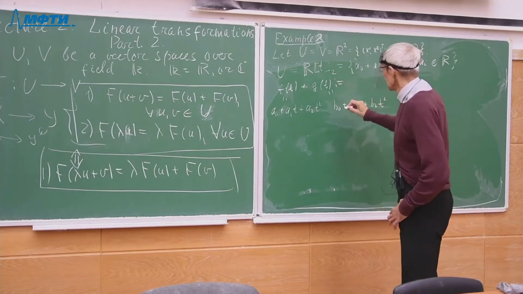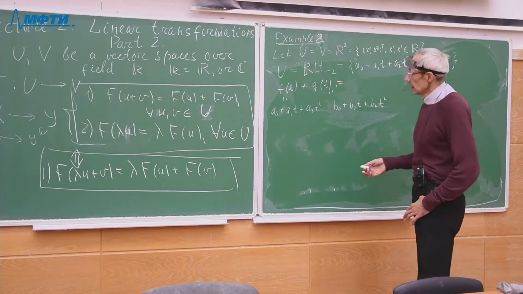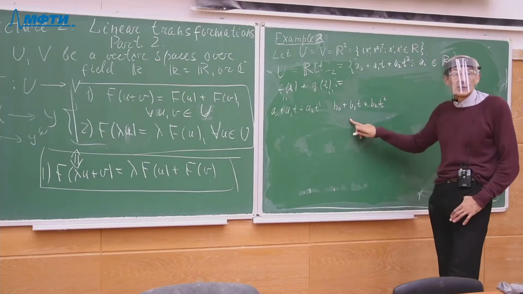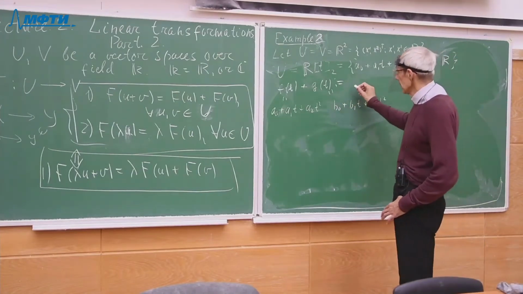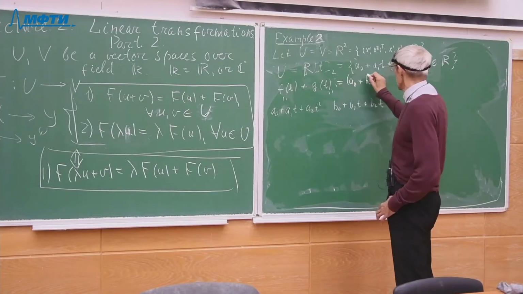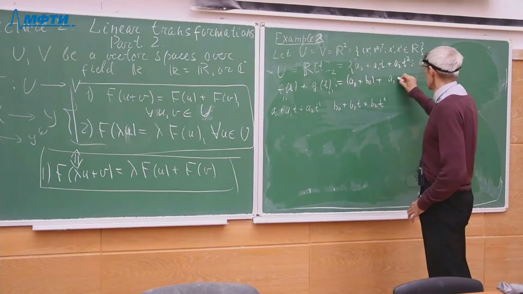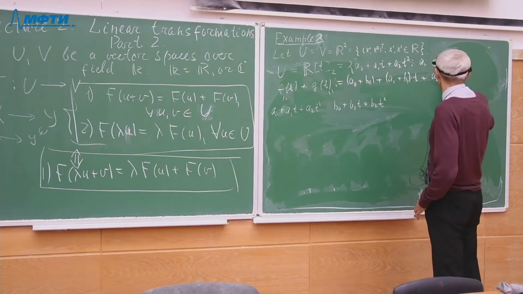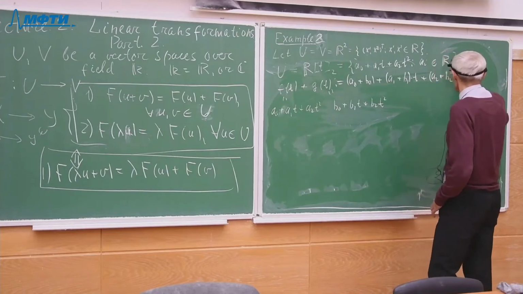The sum is defined as the sum of these polynomials as functions, and we obtain the following sum: (a0 plus b0) plus (a1 plus b1) t plus (a2 plus b2) t square.